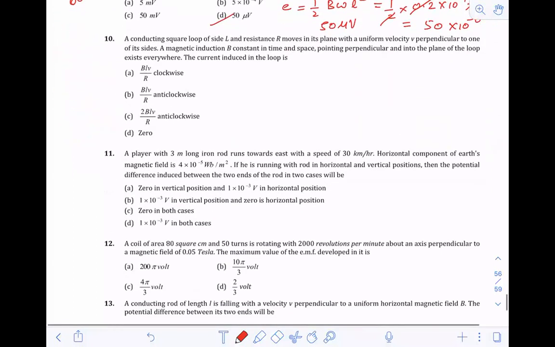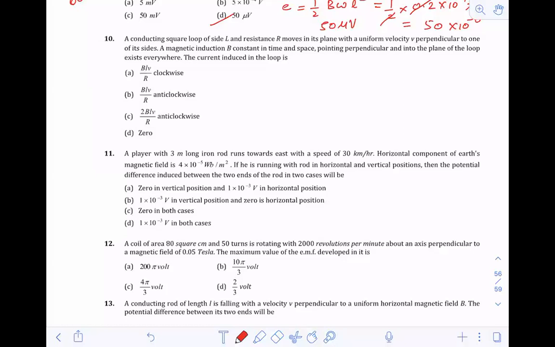Question number 10. Just check question number 10. A conducting square loop of side L and resistance R moves in its plane with a uniform velocity V, parallel to one of its sides.